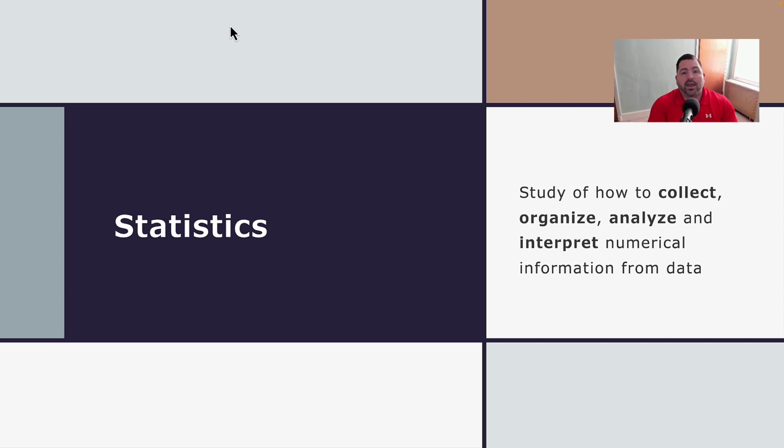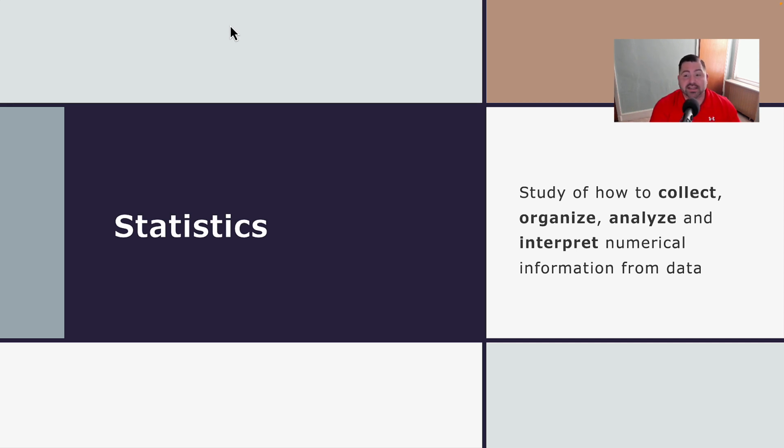Statistics are a way in which we collect data, organize that data, analyze that data, and interpret that data in order to help make sense of what the typical value is and on average how one person differs from another person in the data set.